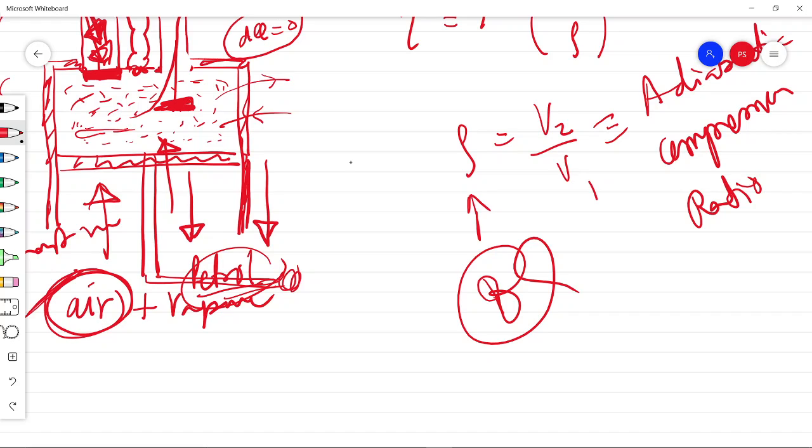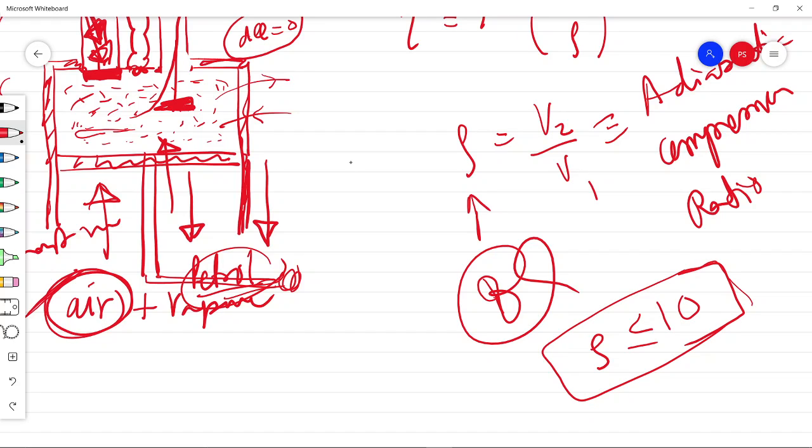Of course, for all practical purposes, this value of rho has to be kept below the value 10. And why is it so?